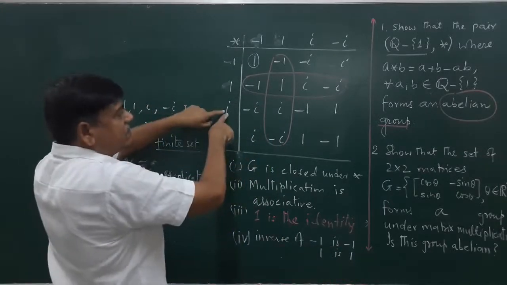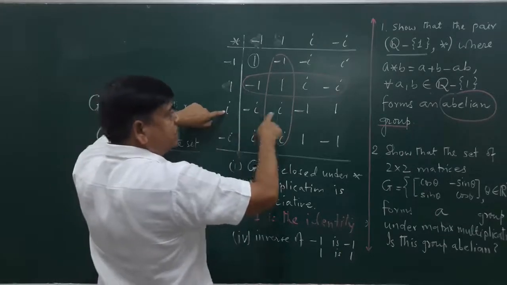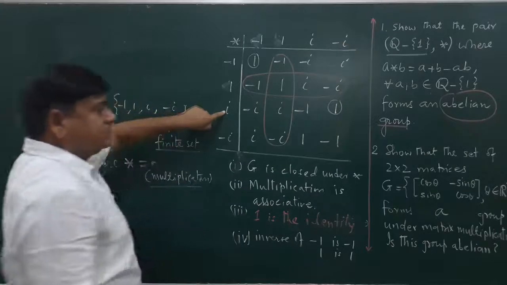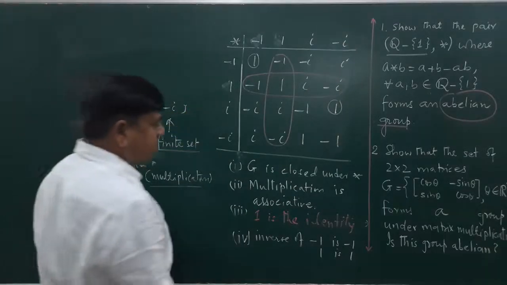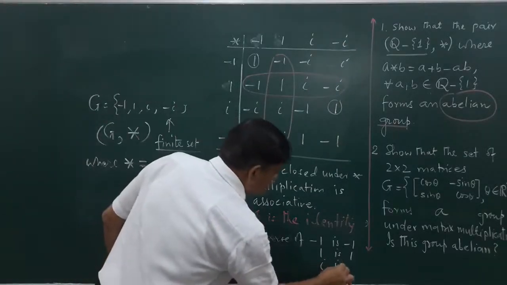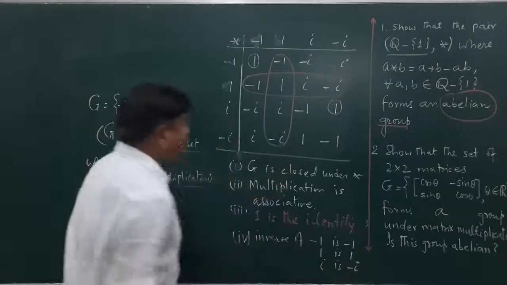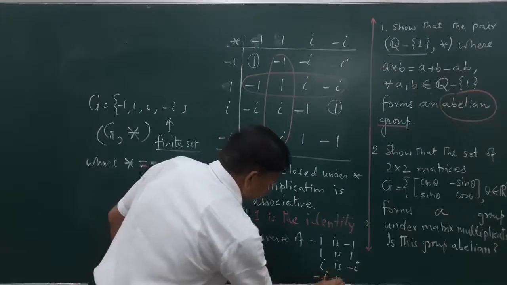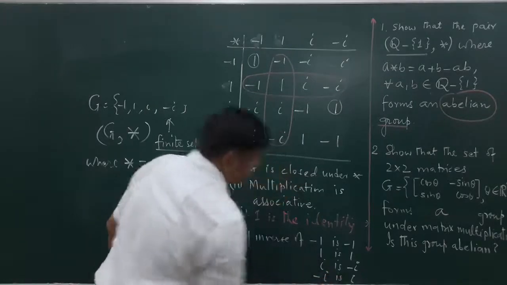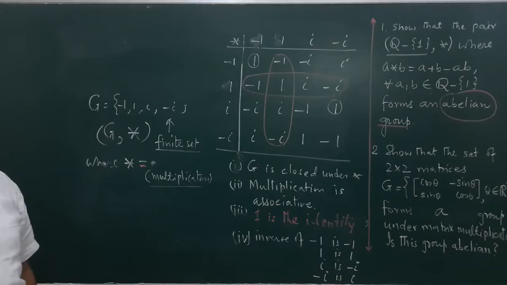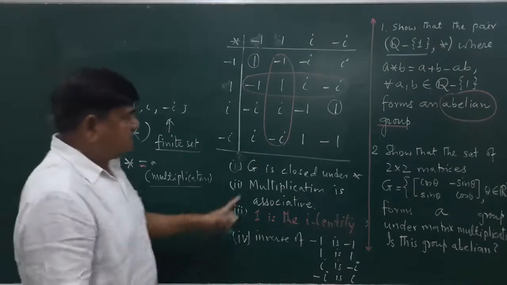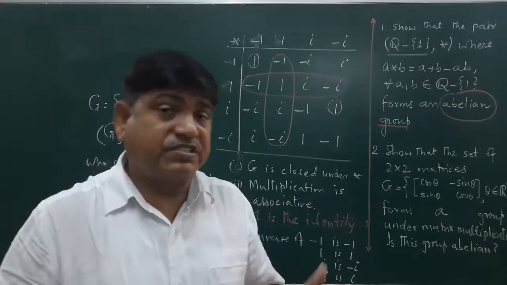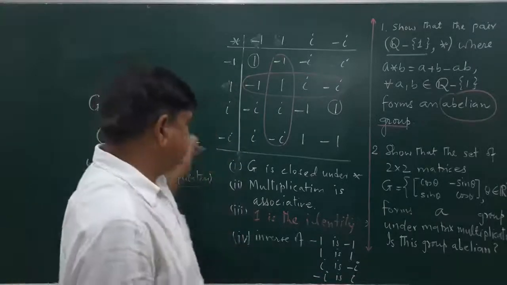Inverse of iota कैसे देखते हो? ये आइडेंटिटी एलिमेंट किसके अगेंस्ट? -iota. So inverse of iota is -iota, and inverse of -iota is iota. Every element has its inverse in Z.